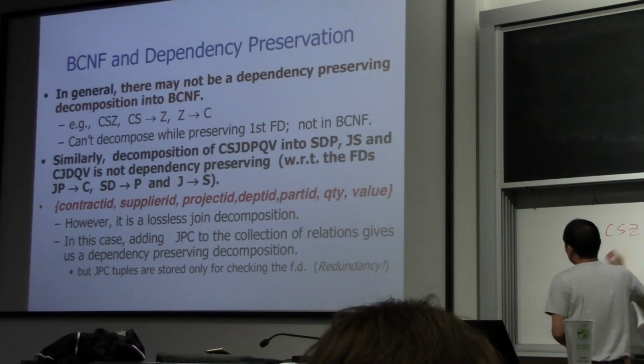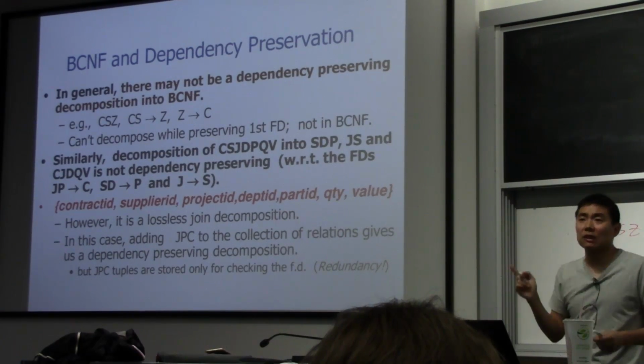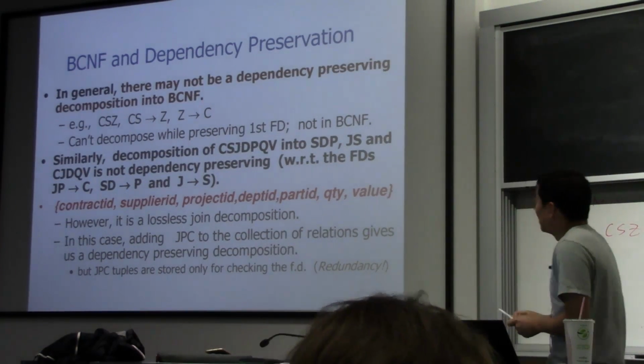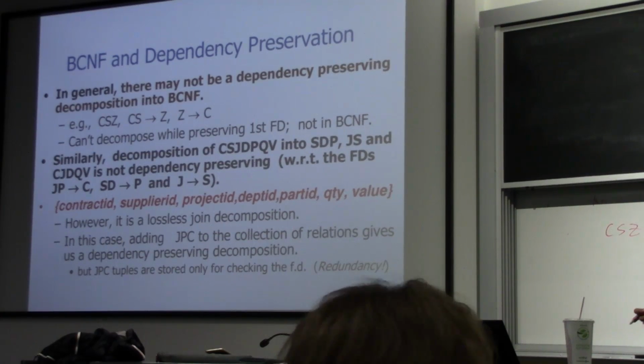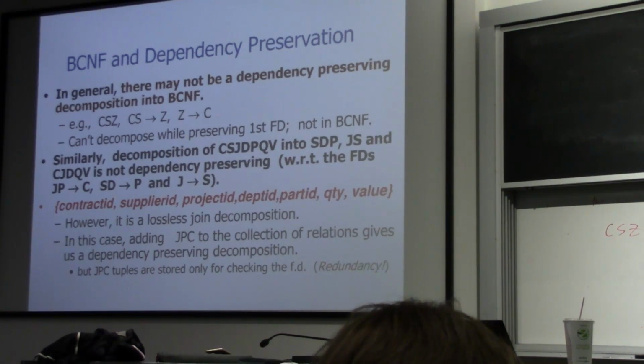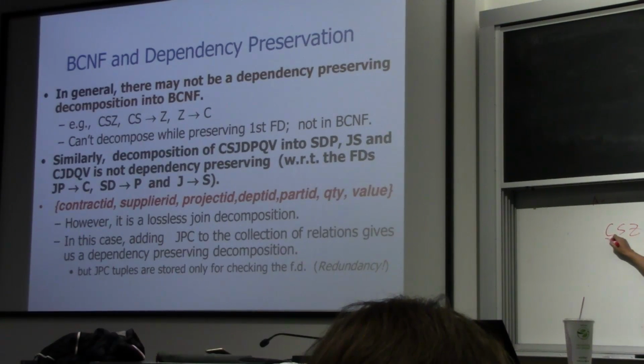I forgot the meaning of C, S, and D, right? C could be customer and S supplier, D could be a price. For example, once you know the customer ID and the supplier ID, you know the price for the contract between them.